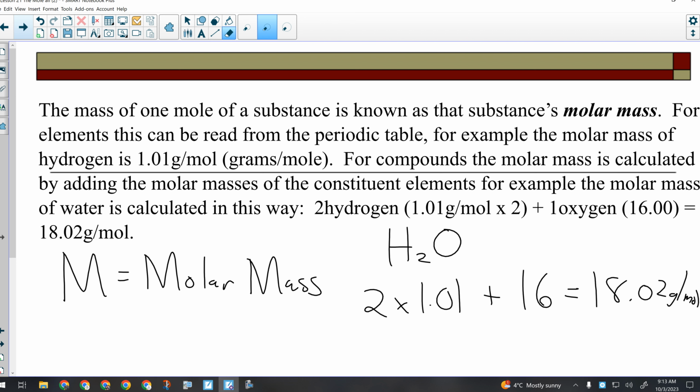All right, is 18.02 grams very much? No. This is about a tablespoon. A tablespoon's 15 milliliters. This would be 18.02 milliliters of water.